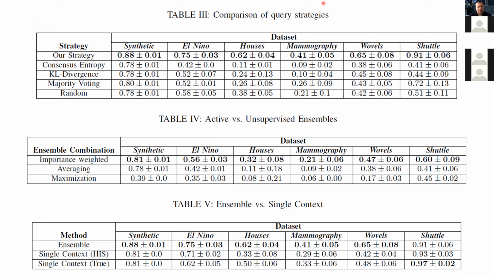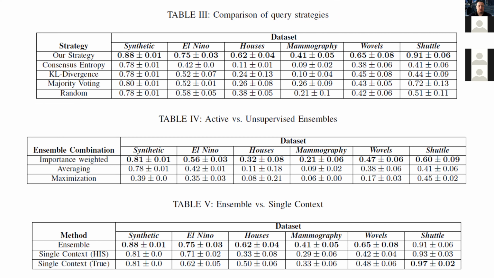Typical query strategies will basically not ask about enough anomalies. They will mainly end up asking about normal data. And of course, from that, you cannot really learn that much. So you need to define a query strategy which is skewed towards being more likely to actually identify anomalies.